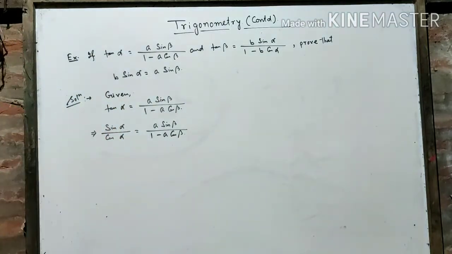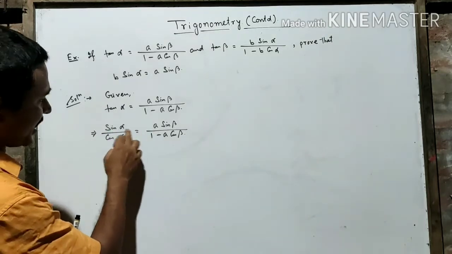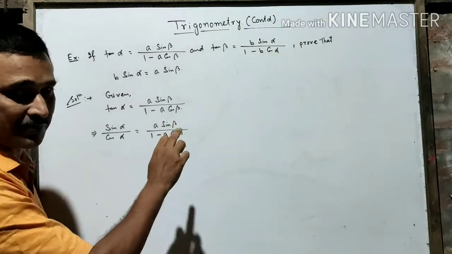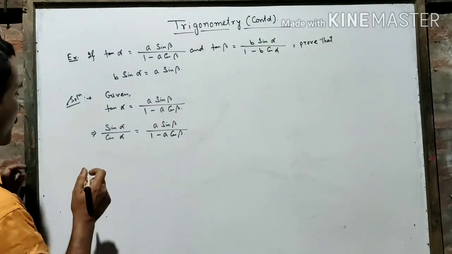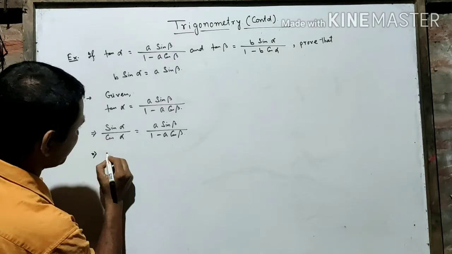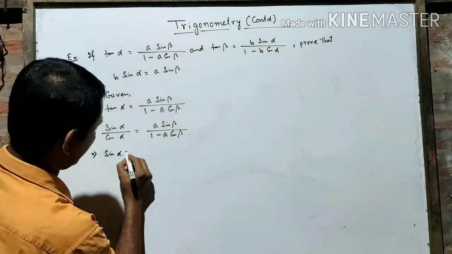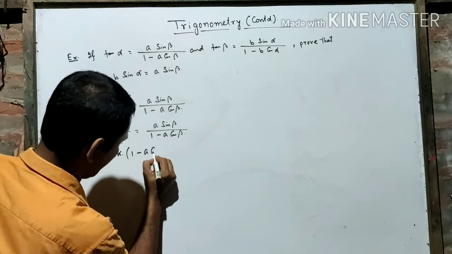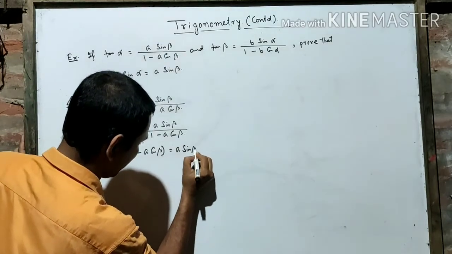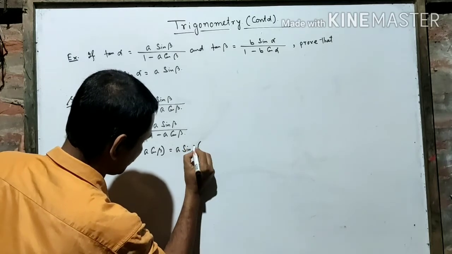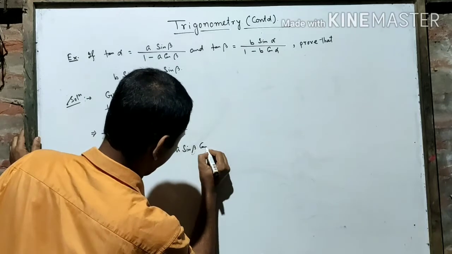Now let us cross multiply. Why? Because if we cross multiply, you will get sin alpha cos beta, cos alpha sin beta, and that is going to give us a formula. So let's multiply sin alpha into 1 minus a cos beta is equal to a sin beta into cos alpha. Okay.